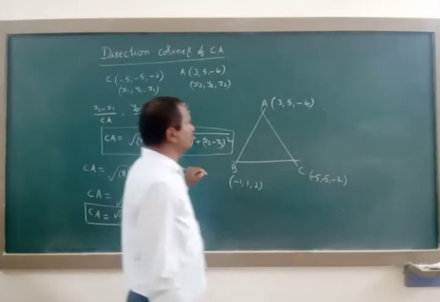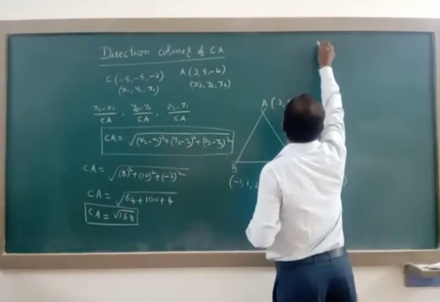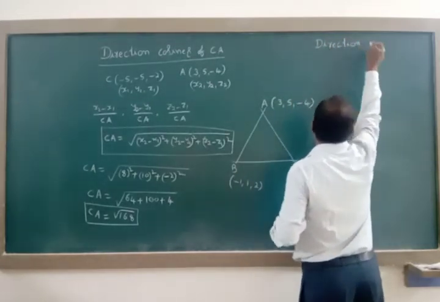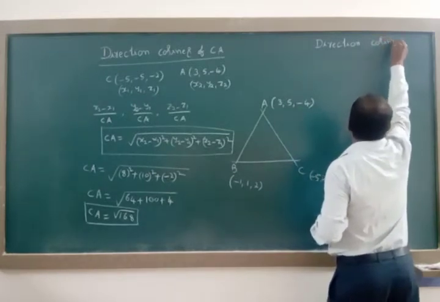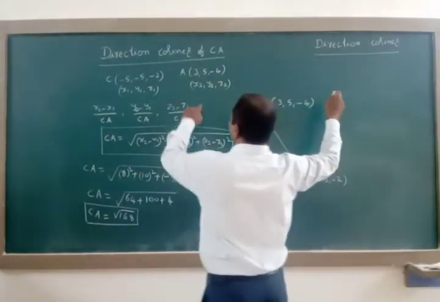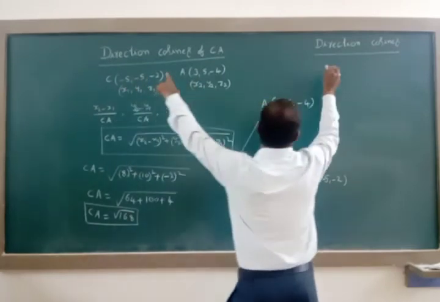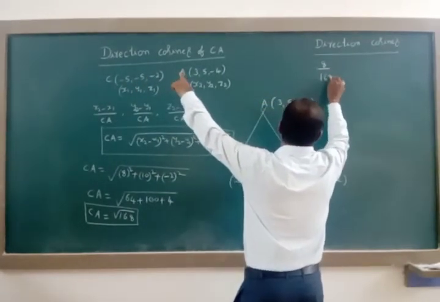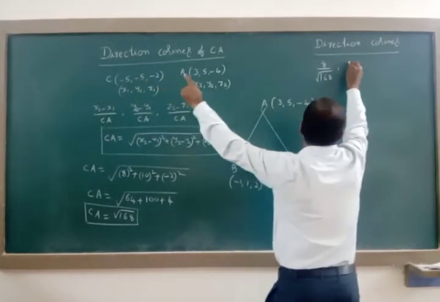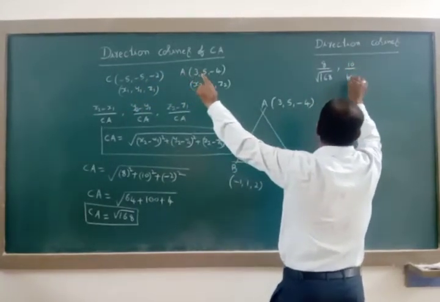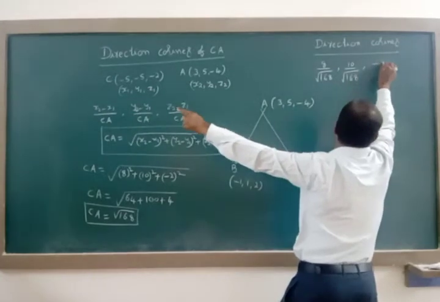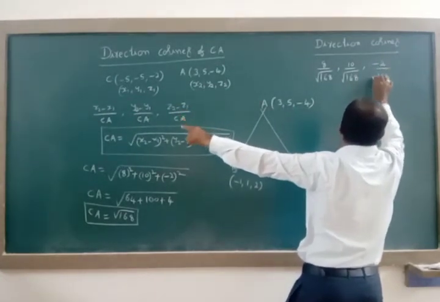Then the direction cosines of CA become: x2 minus x1, 3 minus of minus 5, 8 by square root of 168; y2 minus y1, 5 minus of minus 5, 10 by square root of 168; and minus 4 minus of minus 2, that is minus 2, whole dividing by square root of 168.